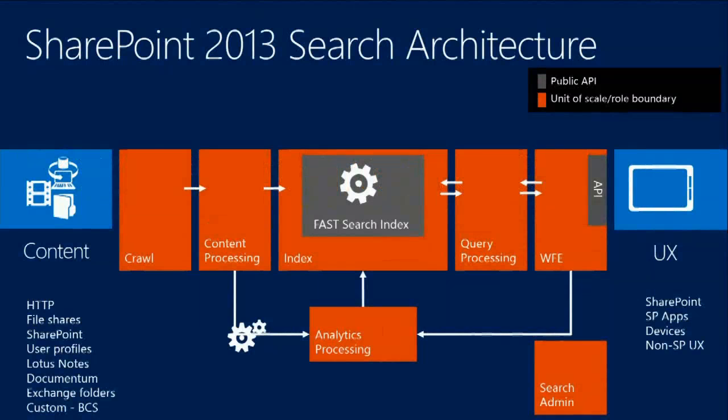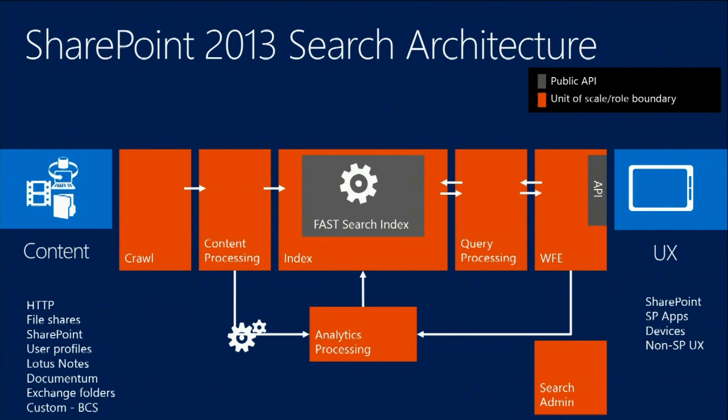Those of you who know search and the architecture from before, from the latest versions of FAST Search for SharePoint 2010 and the latest versions of the ESP FAST product, probably recognize most of these boxes. The boxes are pretty much the same, but the content within has changed a lot lately.